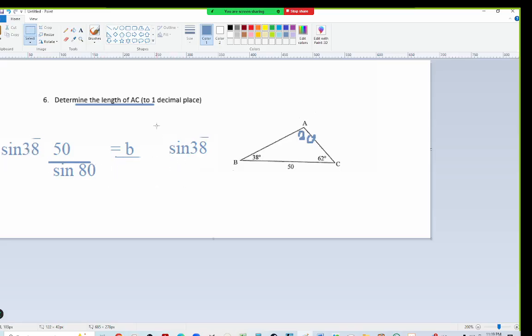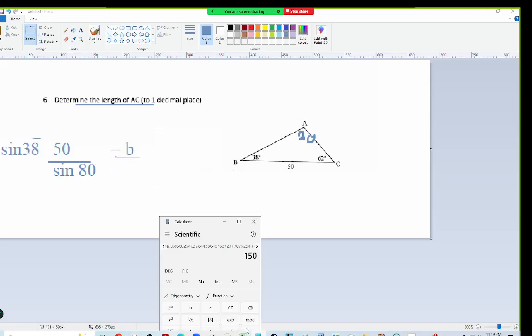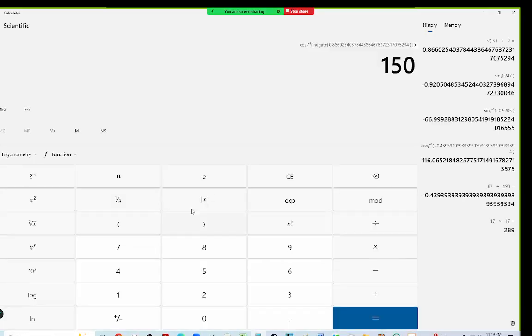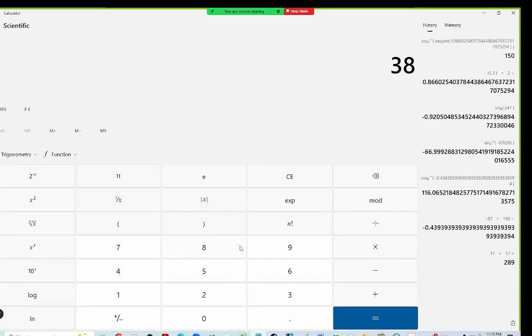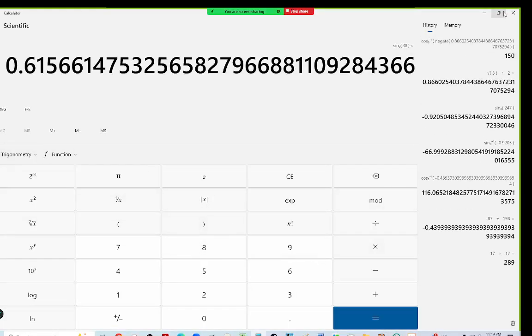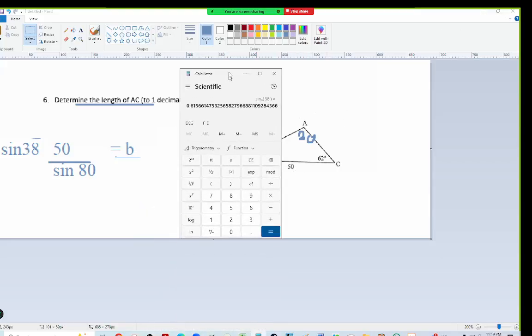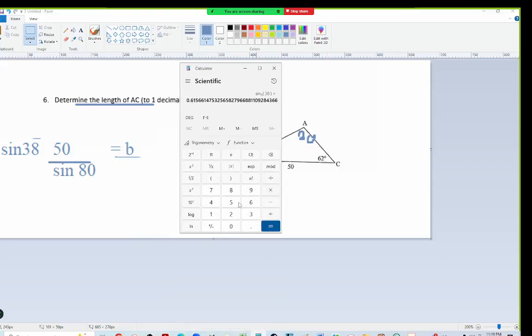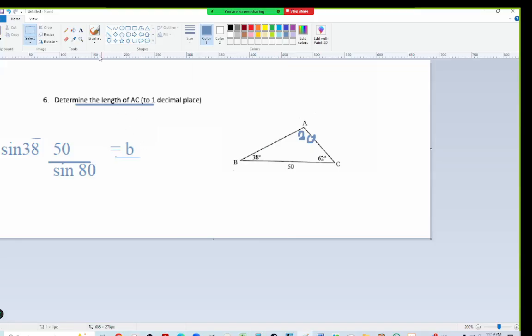Once I take my calculator and take sine 38, I multiply it by 50, hit equals, then divide it by sine of 80 and hit equals. I get this length and I just have to ask how many decimals they wanted.